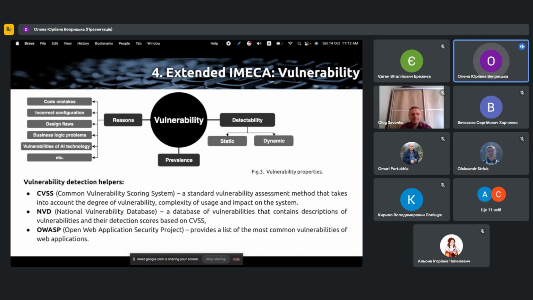It could be a problem with code, configuration, design, or vulnerability of the used technology. Also, it's important to get information about the prevalence of certain vulnerabilities and attacks. This data can be found in global reports or resources such as NVD, OWASP, or CVSS. Besides, in the process of vulnerability analysis, we need to understand the attack phase, dynamic or static, in order to take correct actions for prevention.